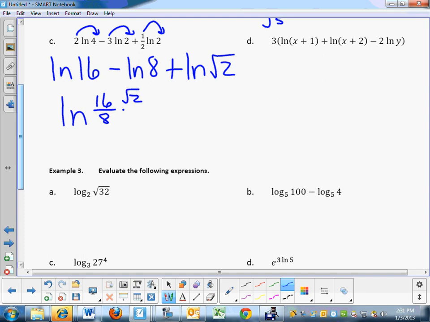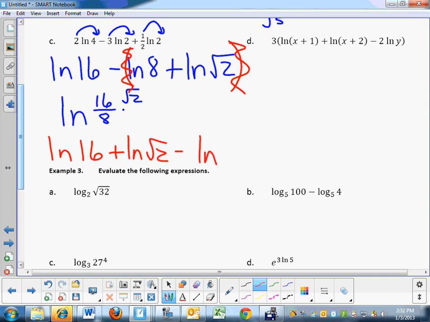The question is why? Everybody watch this. This is super important that you don't miss this. If I had parentheses here, then it's subtracting everything, and the square root of 2 would be on the bottom, right? But I don't have parentheses, and so you could have just as easily written it like this: natural log of 16 plus the natural log of the square root of 2 minus natural log of 8.